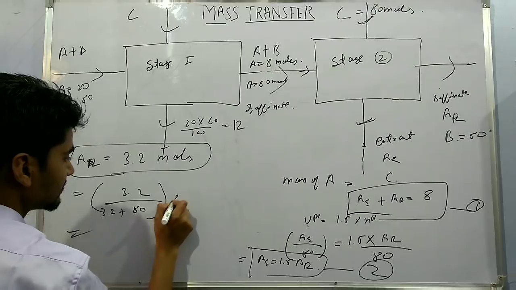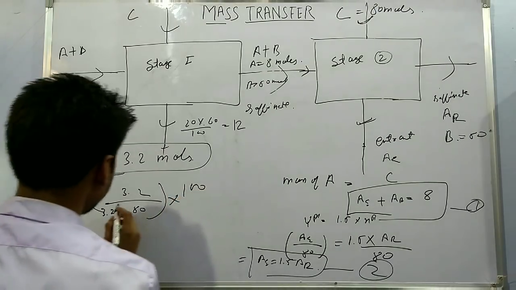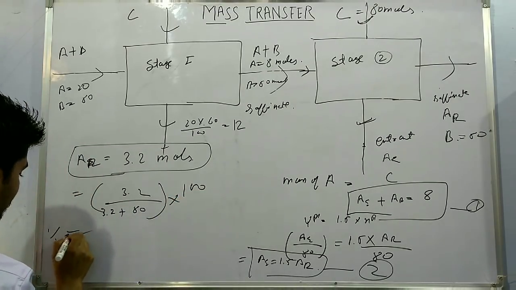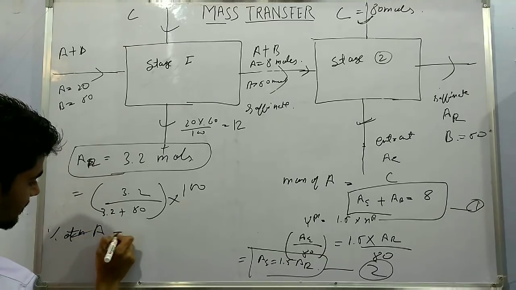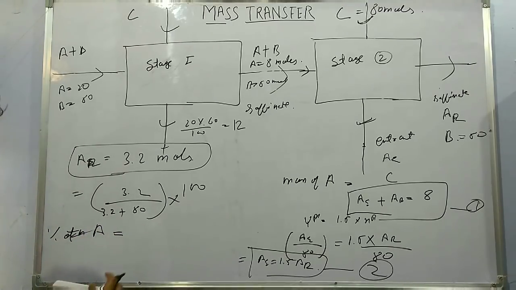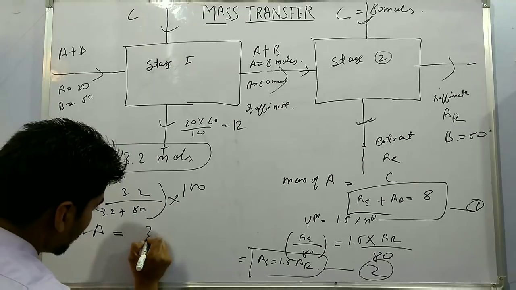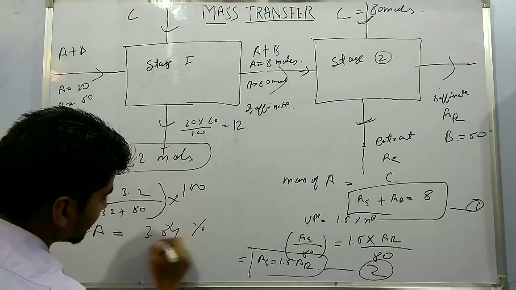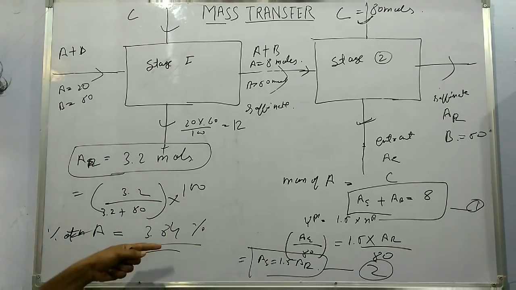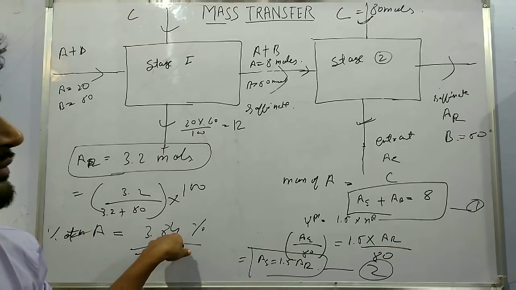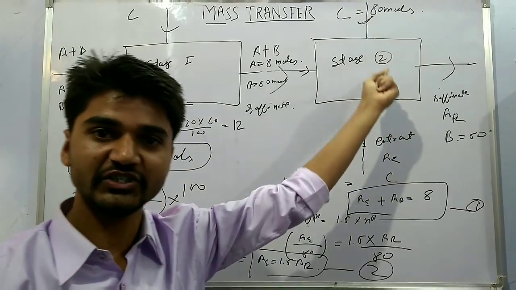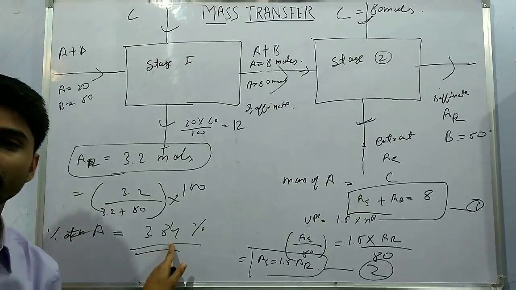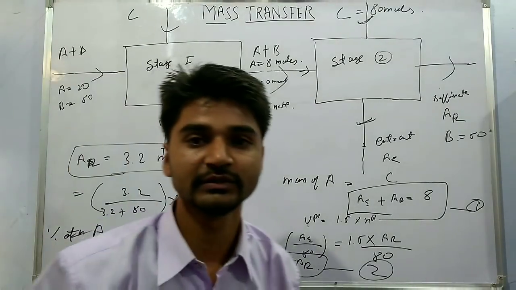So solving this, we will get the mole percent of A will be 3.84%. So the percentage of A present in refined phase after extraction of stage 2 will be 3.84%. So this is the answer.